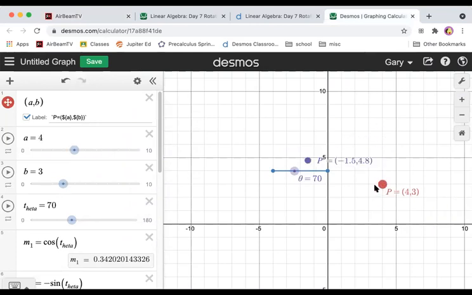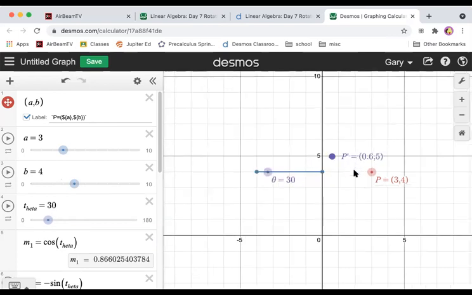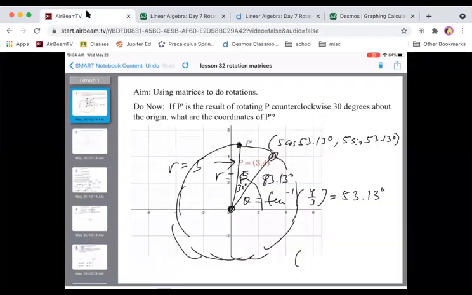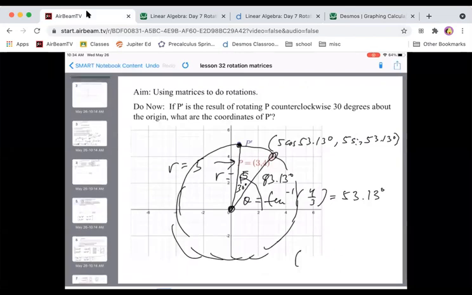So it's 3, 4. And it was a 30-degree rotation. And we see there 0.6, comma 5, which is what you get when you run this through this formula.